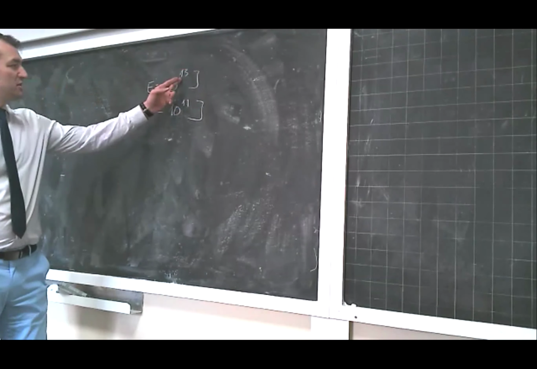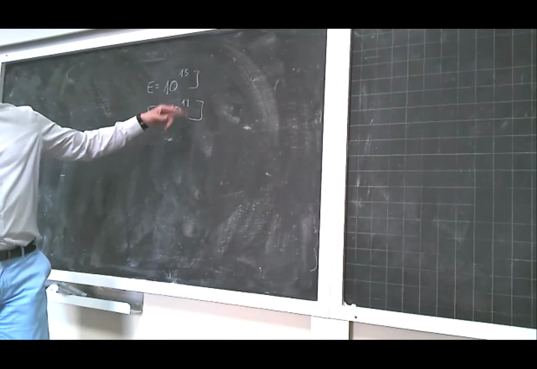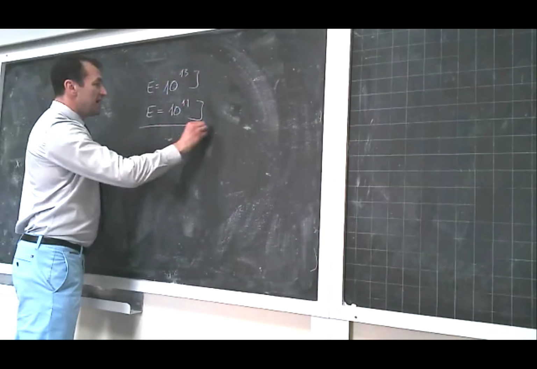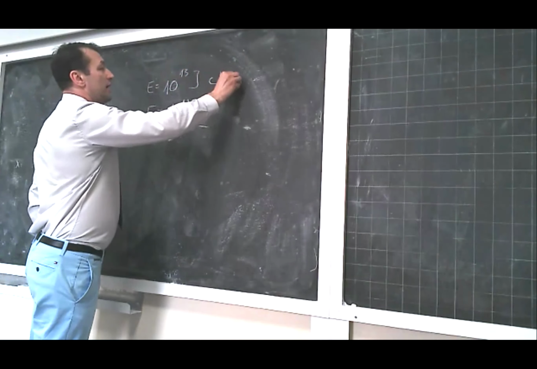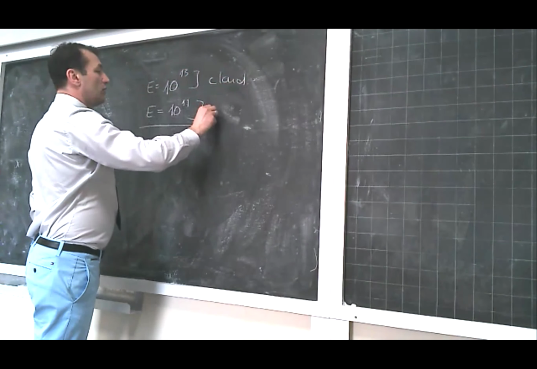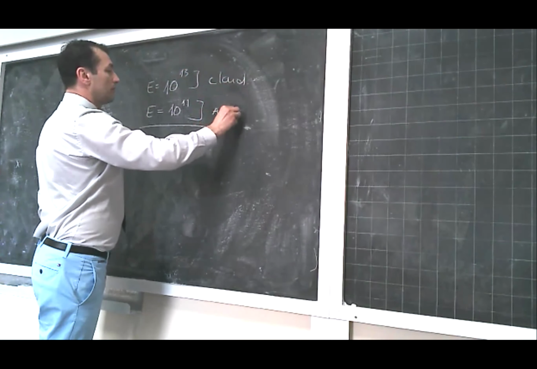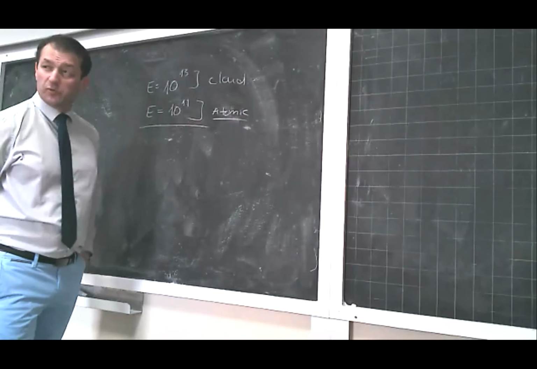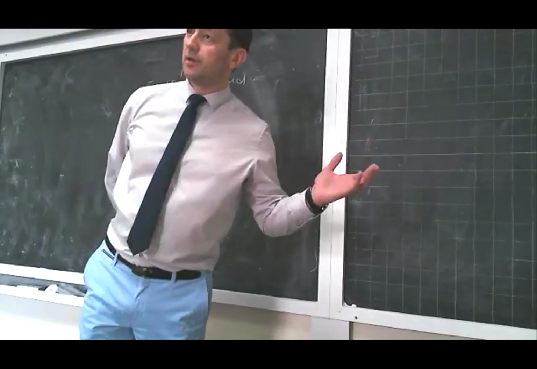Or I forgot, maybe this is 10^15, this is 10^13. I just know it's 2 orders of magnitude difference, I remember this. So you see, the energy in a thunderstorm cloud is at least 2 orders of magnitude larger than an atomic bomb.